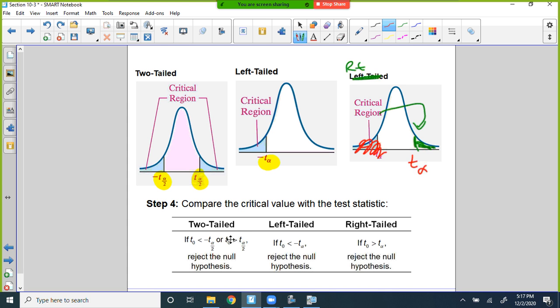You can look at it here by comparing the critical T's, right? If the T sub 0 is less than the T critical, or T sub 0 is greater, and everything. Now your calculator will find that critical T, and it will also give you the T sub 0. All right, that T alpha is also a critical T.